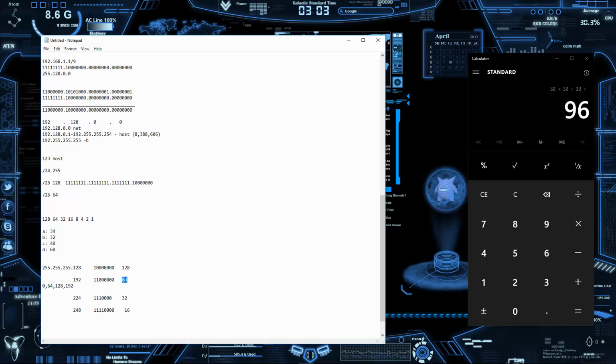In this case, it'll be 64. It'll be this one because the broadcast and the network takes 2, so it'll be 62. Right, and the magic number says it's 64. Right, so we need only 4 networks.